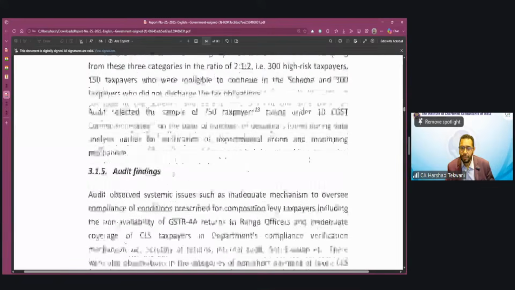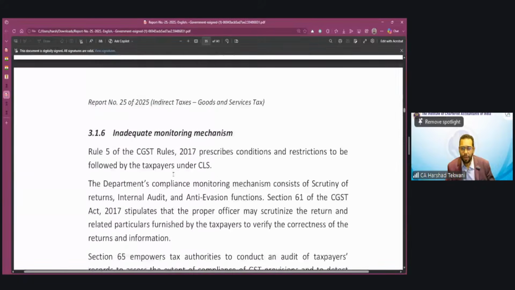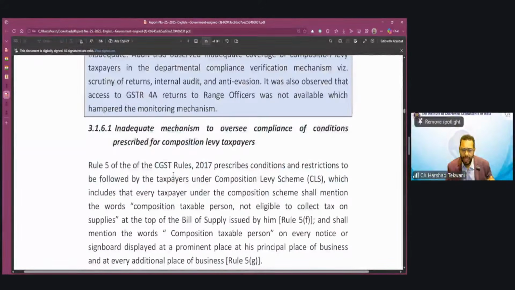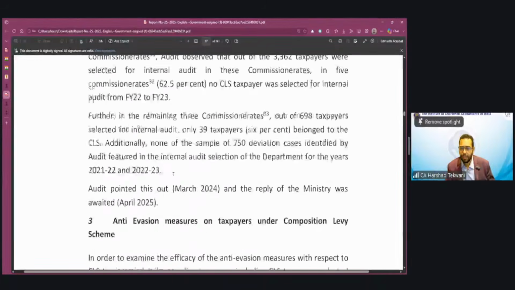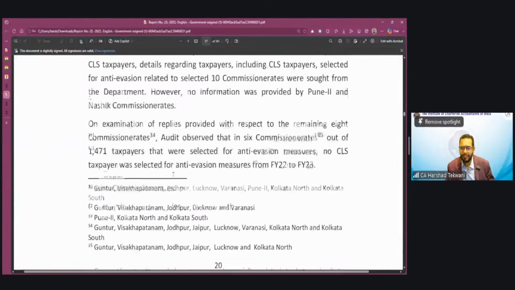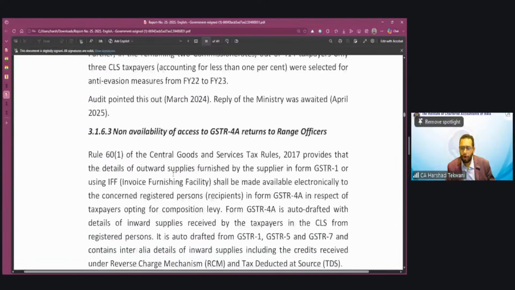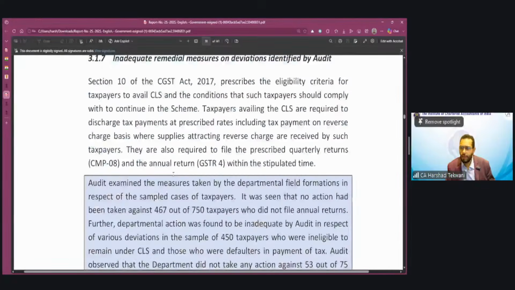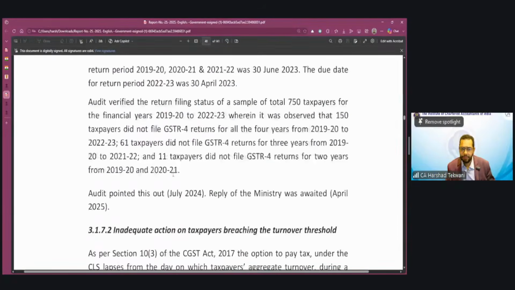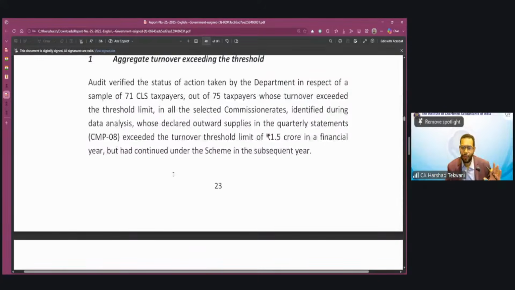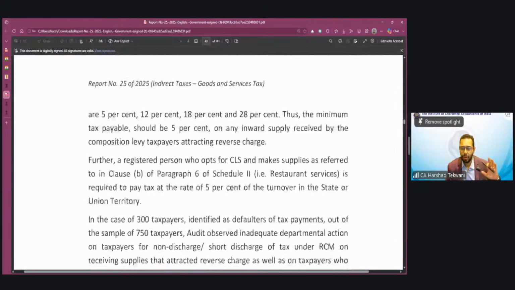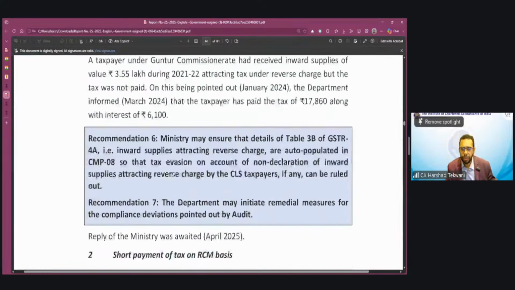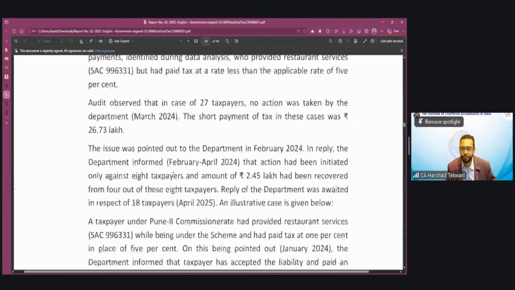They have taken samples, there are audit findings, and accordingly they have provided what the audit findings are. Details have been given accordingly. So whatever non-compliances they have identified, whatever is inadequate, where they have missed compliance with the relevant laws, all those things they have prescribed.